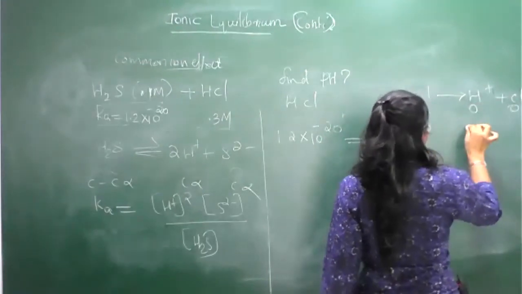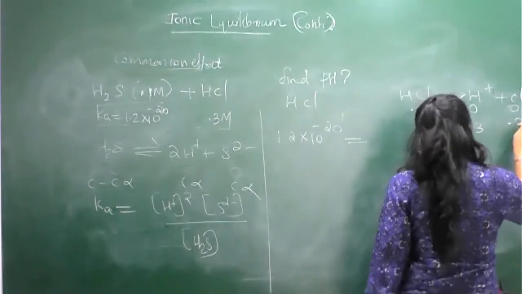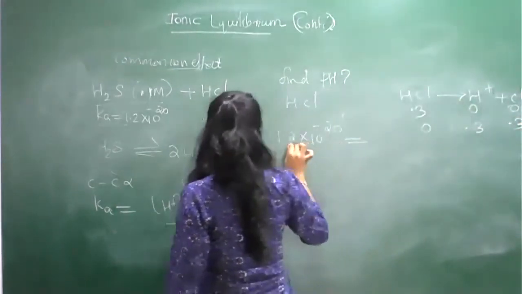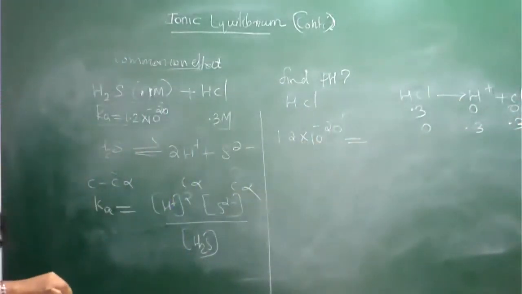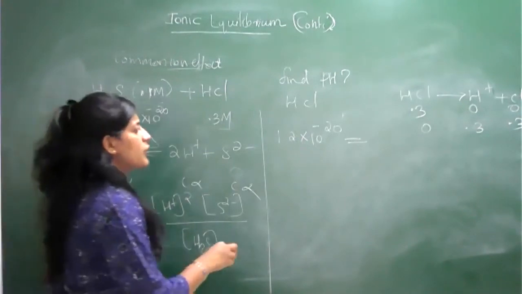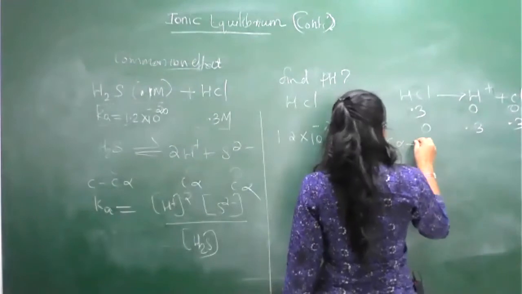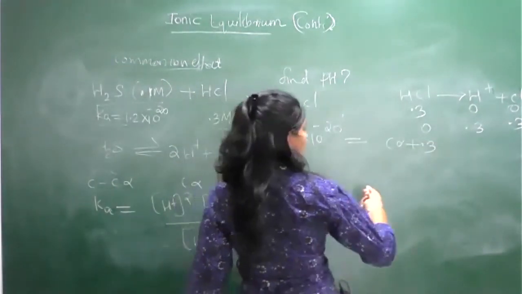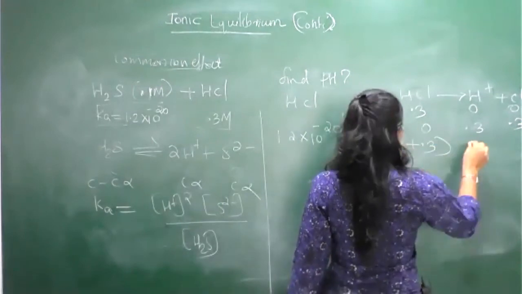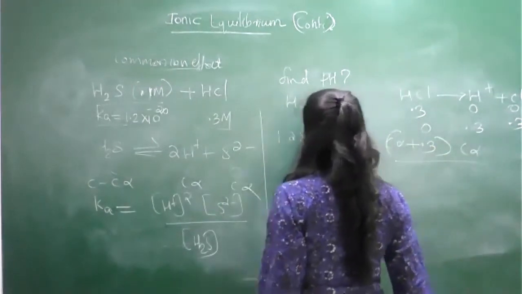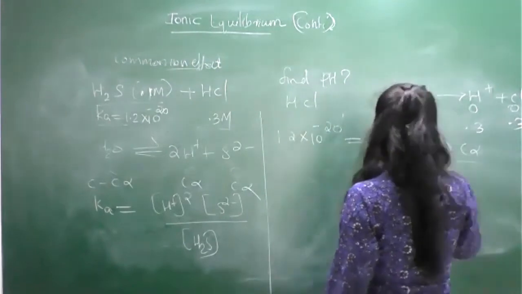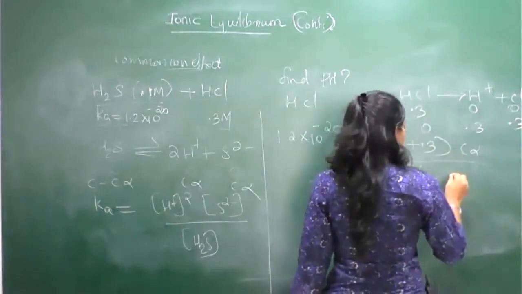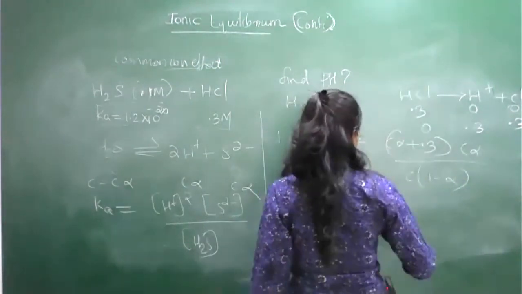After that, 0.3, 0.3 respectively. So 1.2 into 10 to the power minus 20 you have. So what do you want to do? C alpha plus 0.3 into C alpha whole divided by C into 1 minus alpha. Similarly, okay.